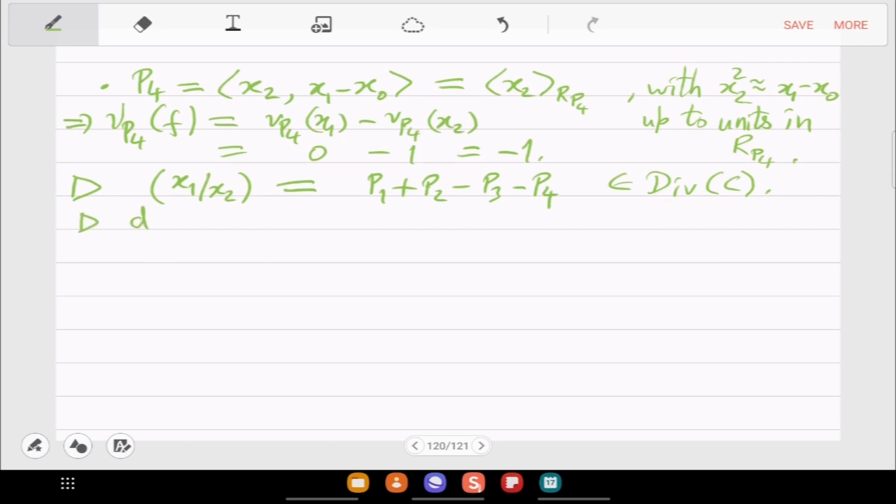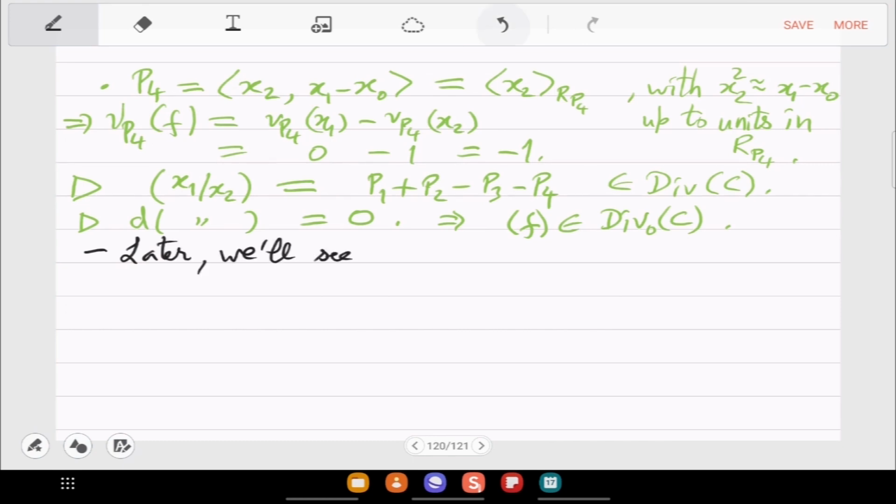So the degree of this is 0. So which also means that this principal divisor is in Div 0 C. So we'll actually prove that this is true for all principal divisors.